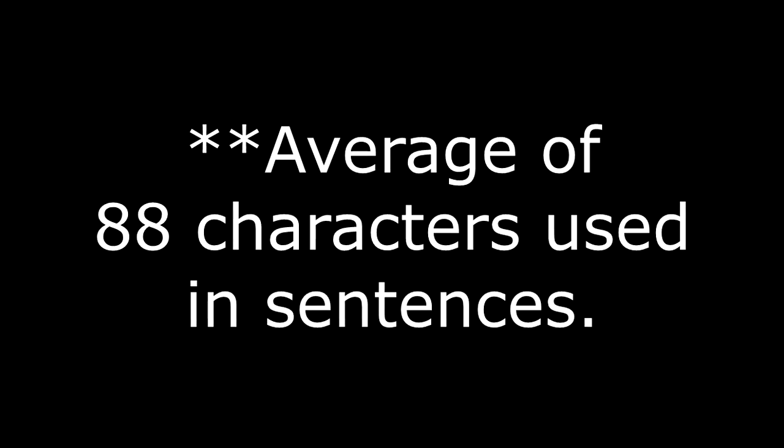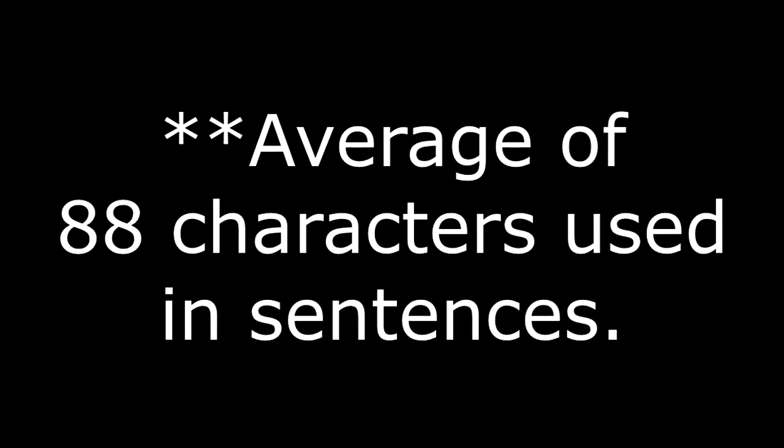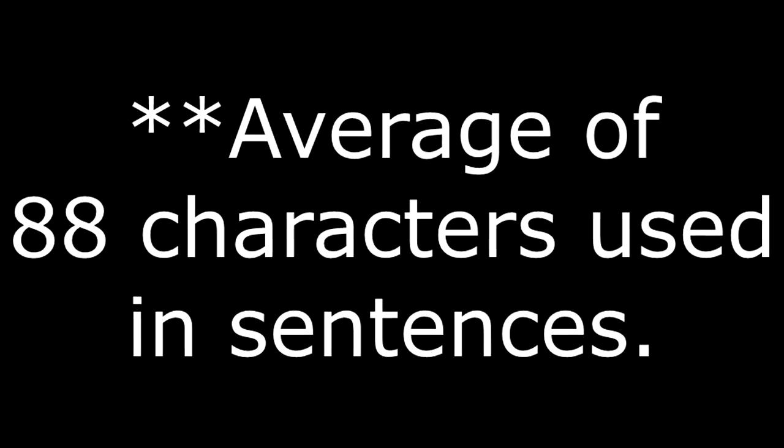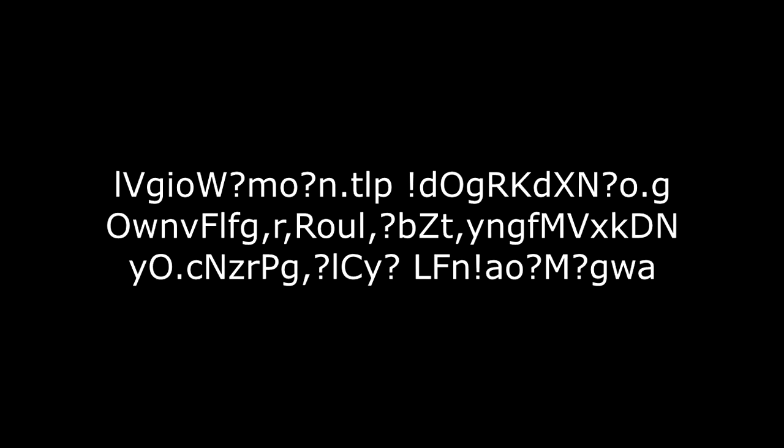Now let's talk about strings. There's an average of 87 words in a sentence, according to this study. An example of an 88 character sentence would be, "Greetings everyone, this is an actual English sentence that has 88 characters," versus this monster.